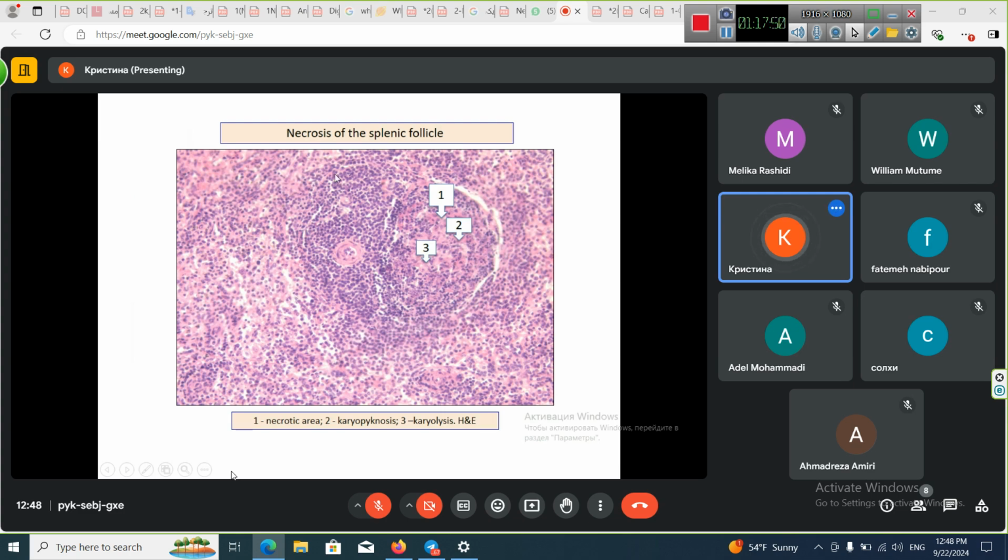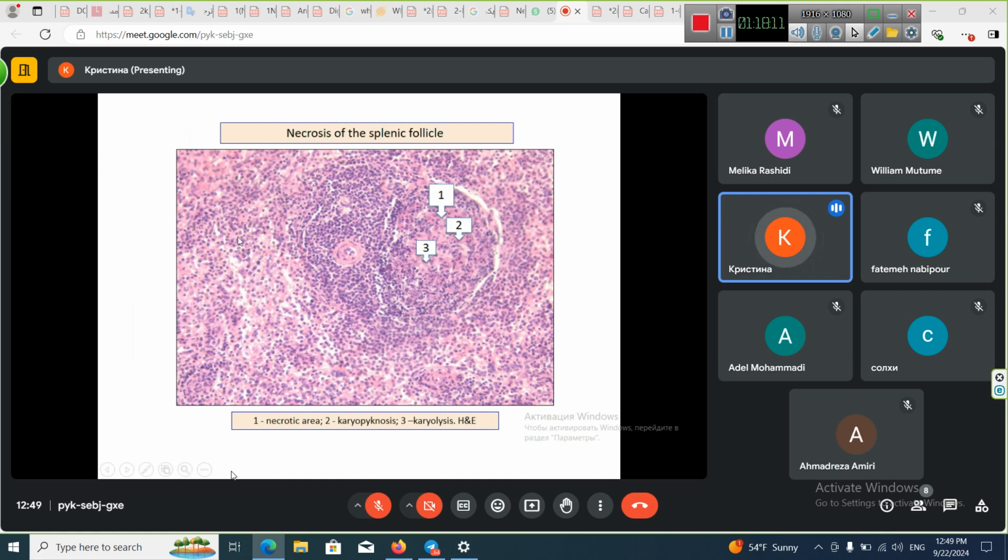You shouldn't know now these terms, but the spleen and follicles, you should just be able to distinguish between the cells which are alive and the cells which undergo necrosis, which is the massive cell death.